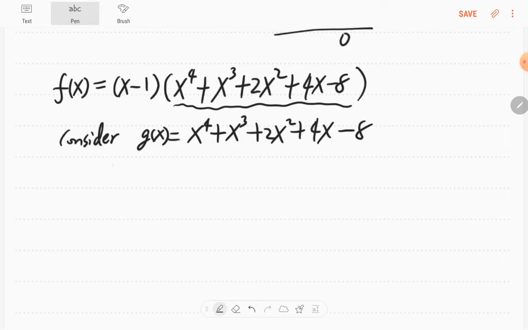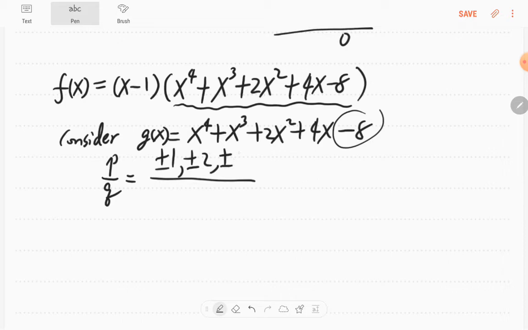The possible rational zeros, from the constant coefficient, are plus or minus 1, plus or minus 2, plus or minus 4, plus or minus 8, and the leading coefficient is 1, so it's plus or minus 1.